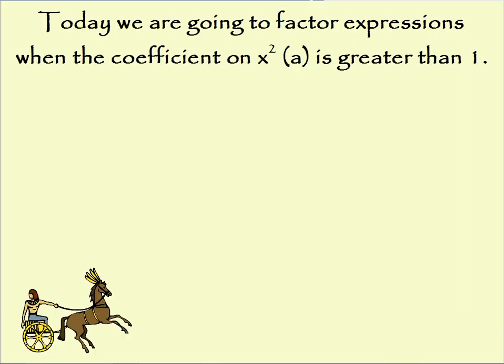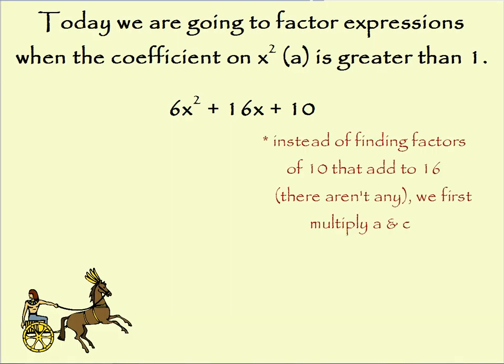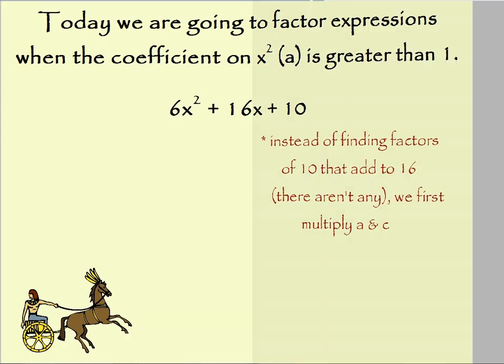So today we're going to tweak that just a little bit, because today the coefficient on the x squared, which is called a, is greater than 1. Like 6x squared plus 16x plus 10. This time, instead of finding factors of 10 that add to 16, especially because there aren't any, we are first going to multiply a and c.